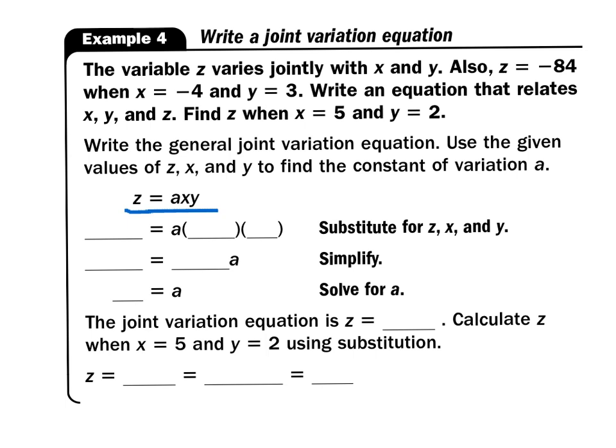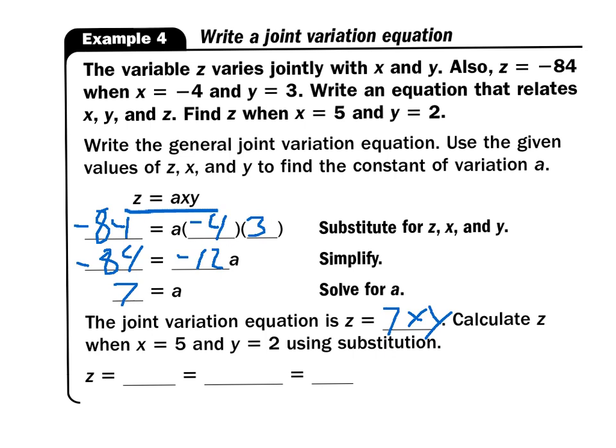When z is negative 84, x is negative 4, and y is 3, really you're trying to find a at this point, so I have negative 84 equals negative 12a. If I divide both sides by negative 12, I get a is 7. Now I know that z equals 7xy.